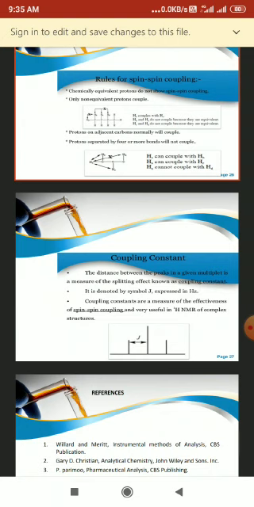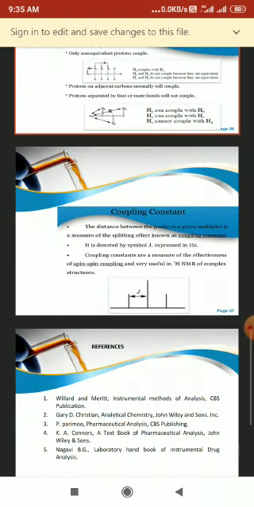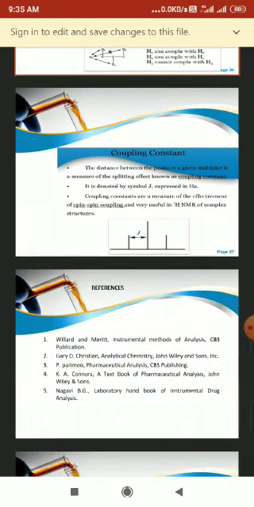So, coupling constants are a measure of the effectiveness of spin-spin coupling and have been very useful in getting exact information from PMR spectra of complex molecular structures.